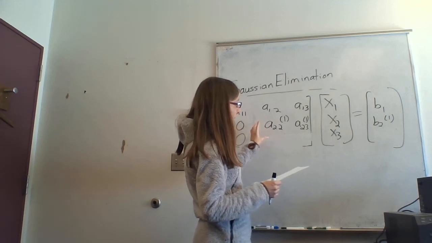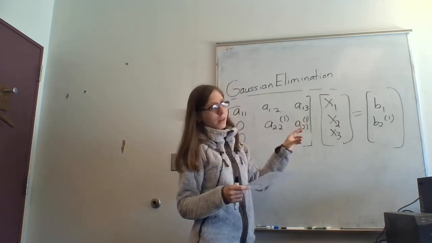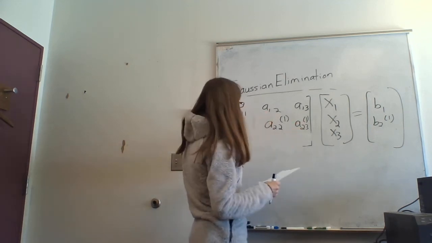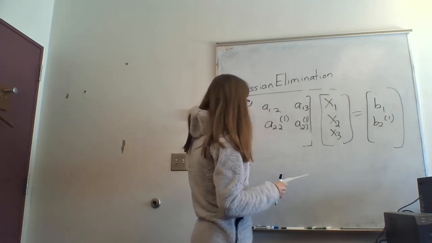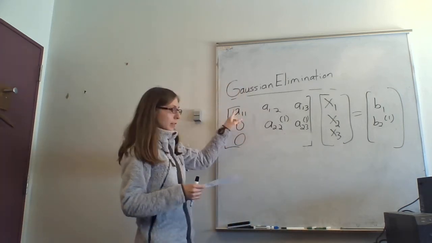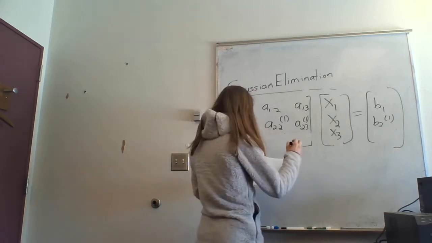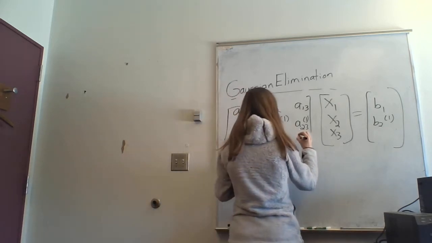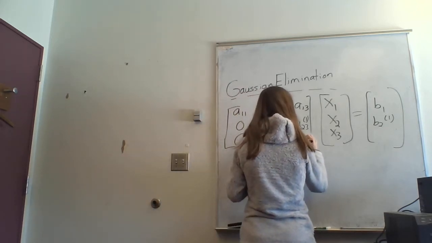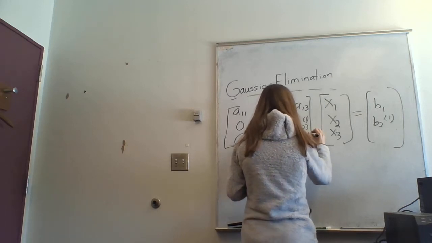It's very similar in concept to what we did for the first row, when we had a number here and we multiplied by the negative of this number divided by this number and then added the two rows. But in the end, when you get this here, it's going to have a form like this.